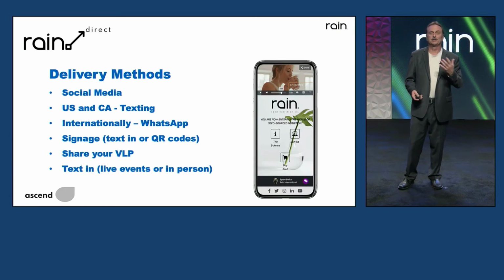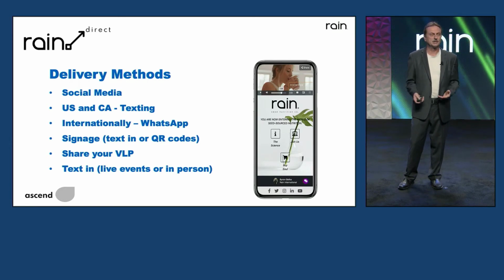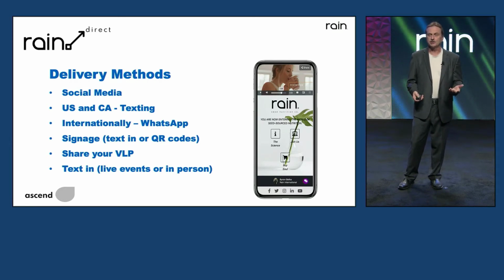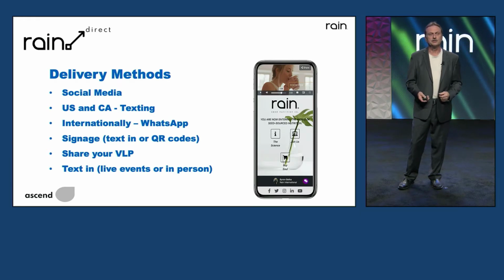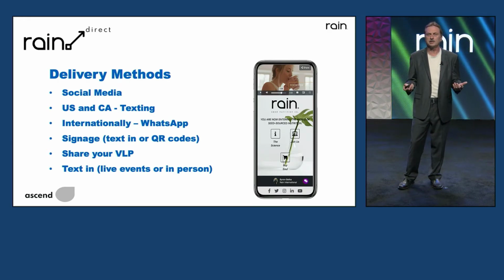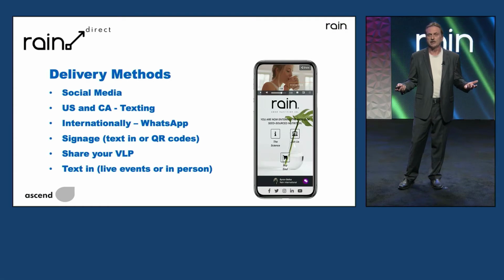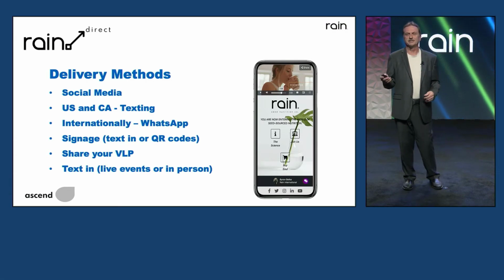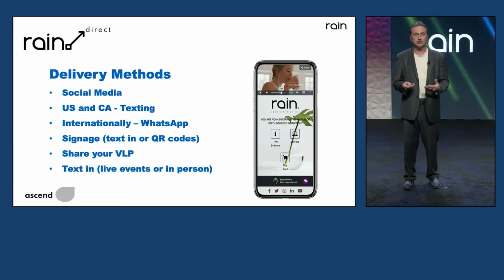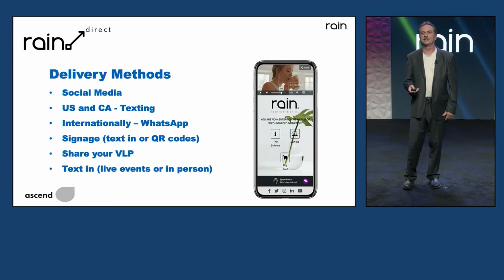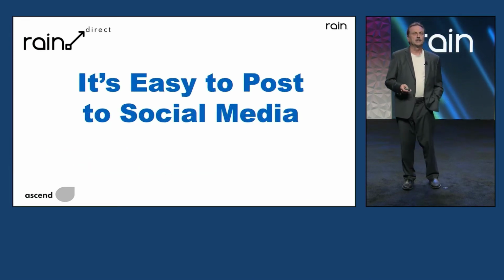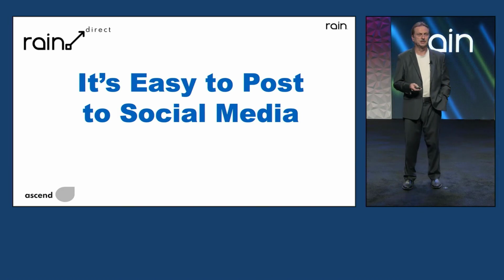Let's say text Steve into my WhatsApp number or my SMS number and immediately get delivered to you video landing pages and information about what I'm talking about or special offers I'm talking about. Also things to follow up because this system will also drip messages and follow up on those people. More about that later. Now, it's so easy to post to social media, you won't believe it.